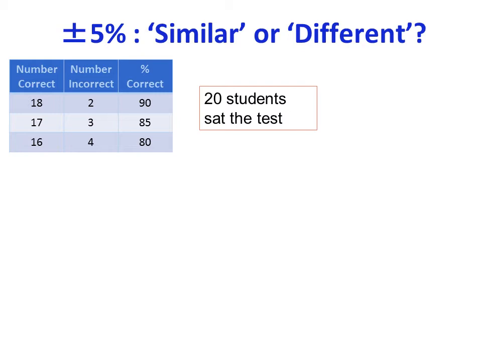So just 1 student here or there is giving us a difference of 5%. 1 student here or there on a test done once on one day of the year, is that really a big enough difference to be paying attention to?